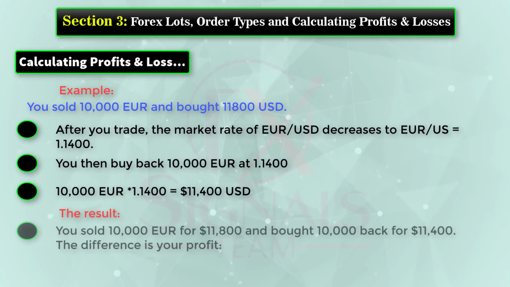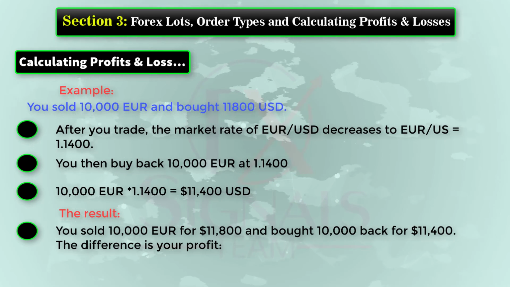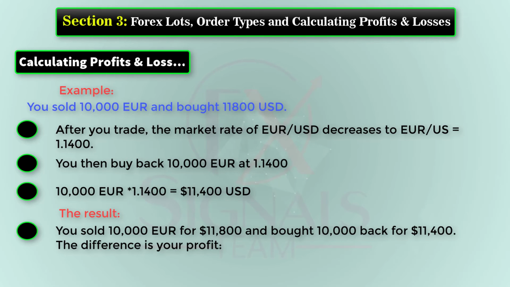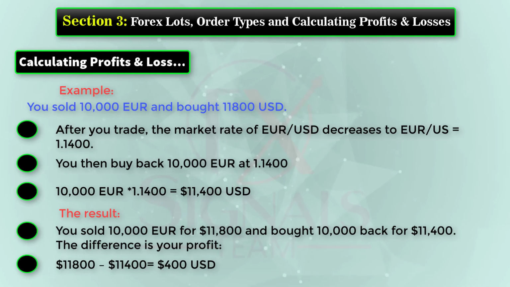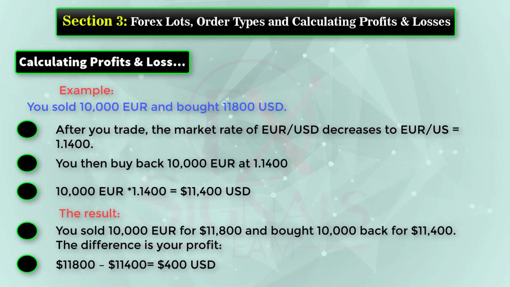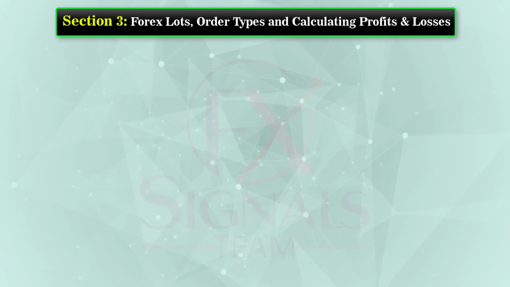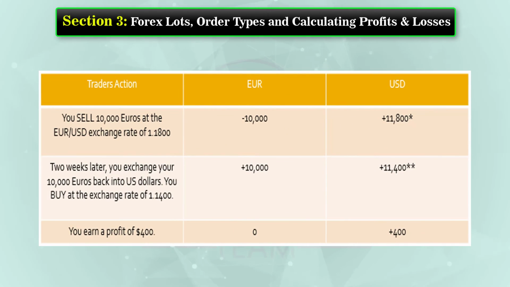The result, you sold 10,000 European euros for $11,800 and bought 10,000 back for $11,400. The difference is your profit. $11,800 minus $11,400 equals $400 USD. Let's see some other examples.